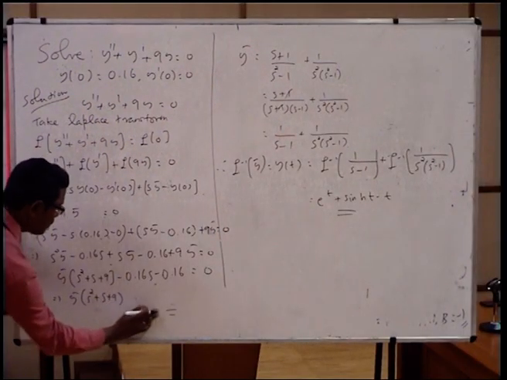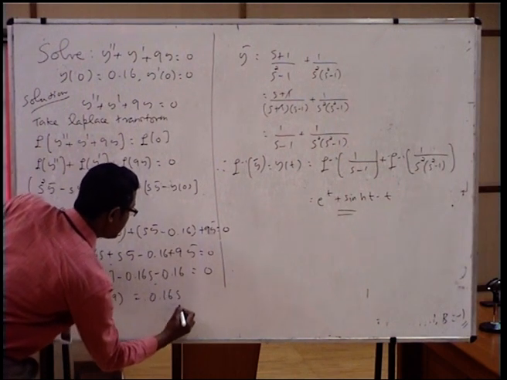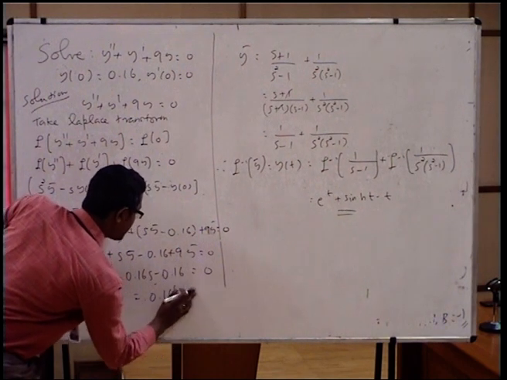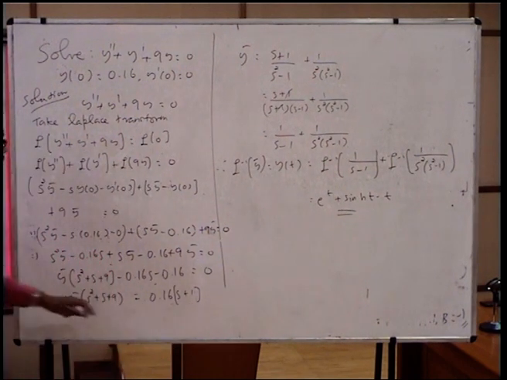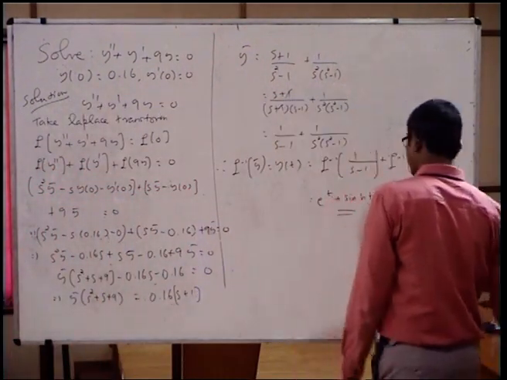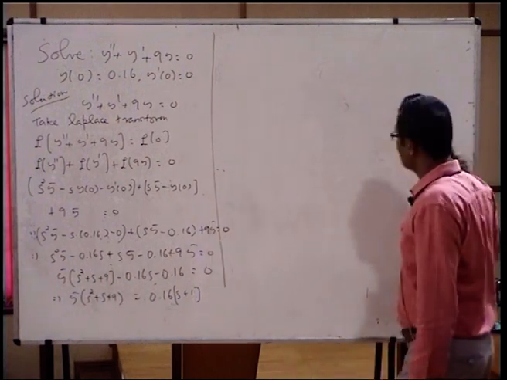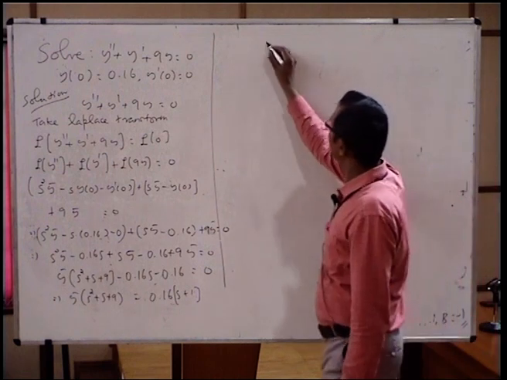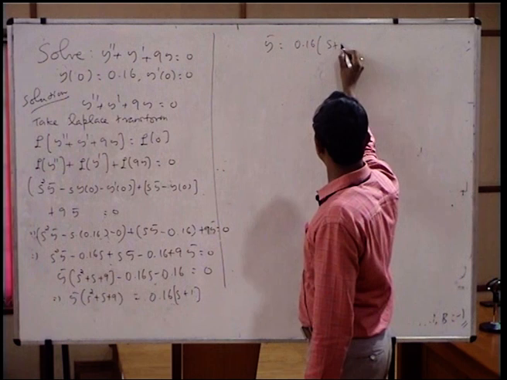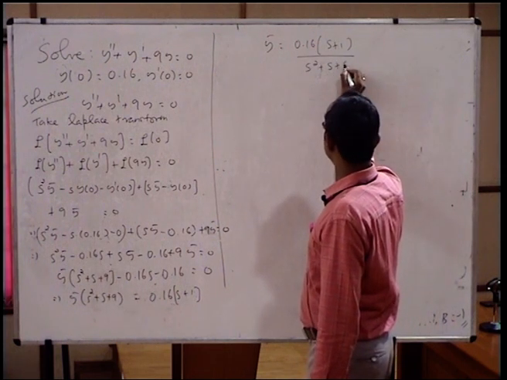Y bar into s square plus s plus 9 equal to 0.16 s plus 0.16. So I can write this as 0.16 into s plus 1. Therefore, y bar equal to 0.16 into s plus 1 divided by s square plus s plus 9.